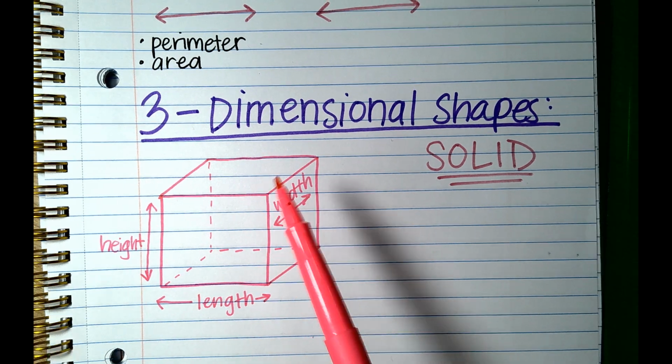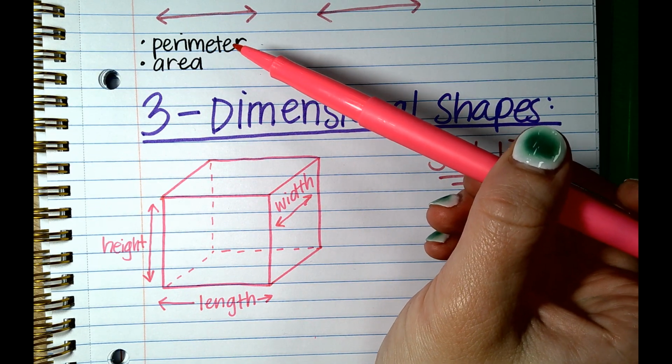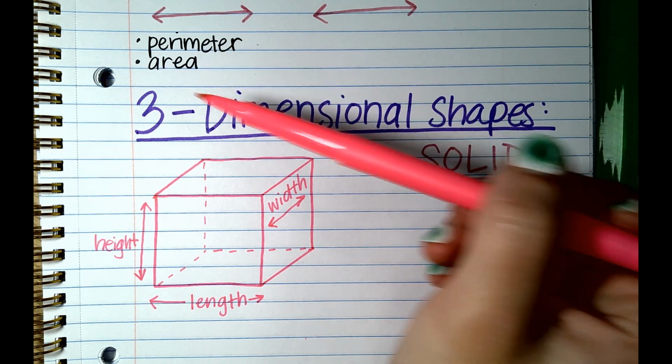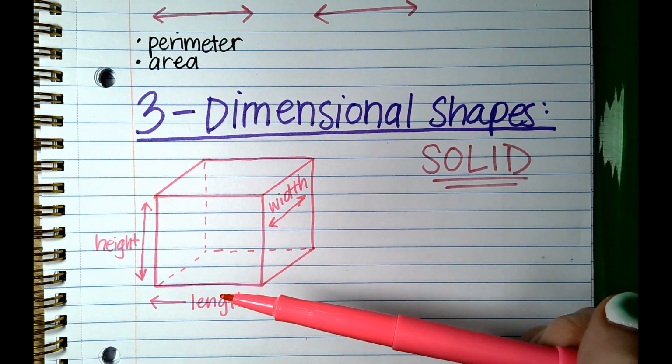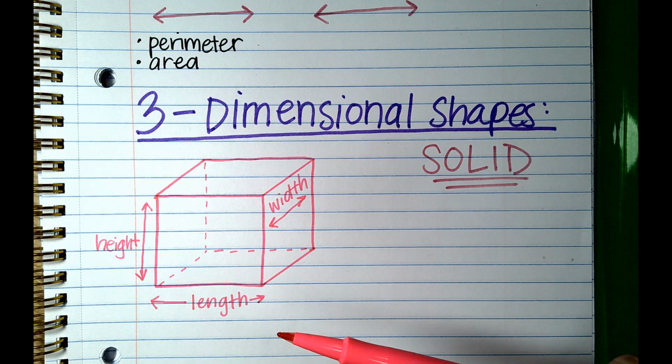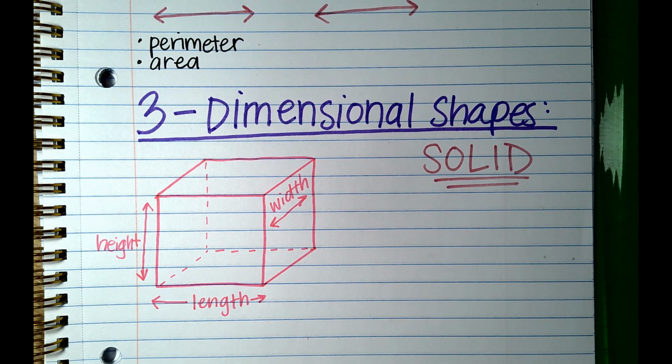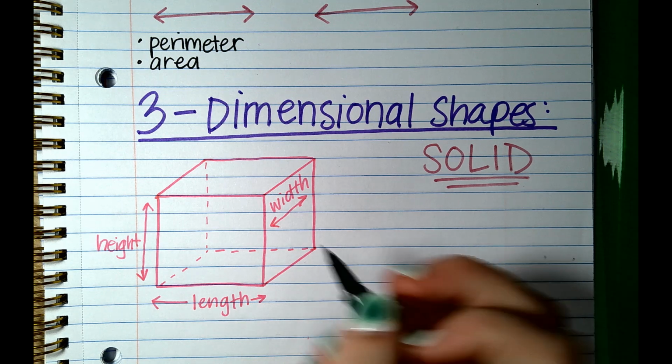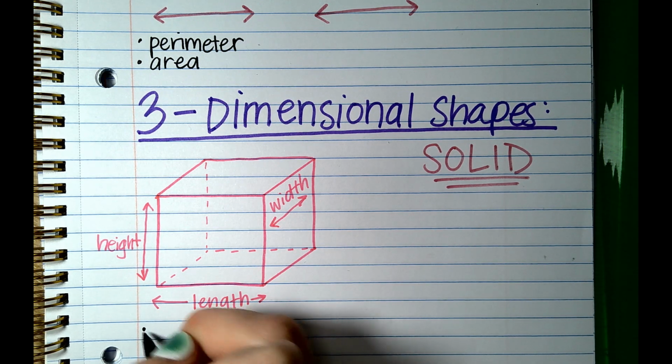So, we've been talking about perimeter. We've been talking about area. But now we have a third measurement we can find, and that would be called volume. You may have heard about this in science class. Volume.